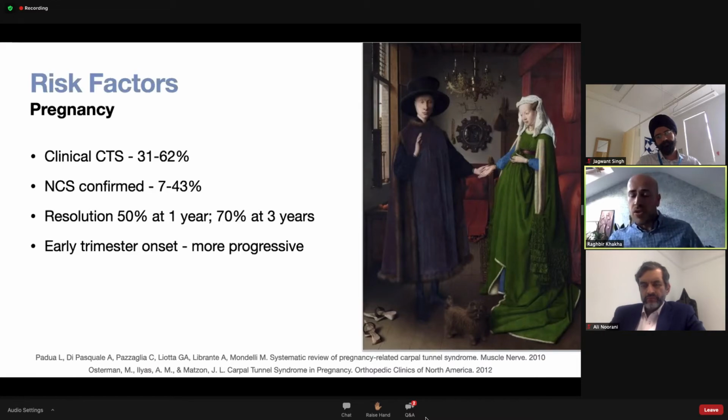Because the symptoms do resolve, what we try and do for pregnant mums is to control their symptoms until at least they've delivered. Now, if their symptoms are really severe and we have to intervene, steroid injection has been found to be safe. As you well know, steroids are given to mothers to help with developing babies' lungs.